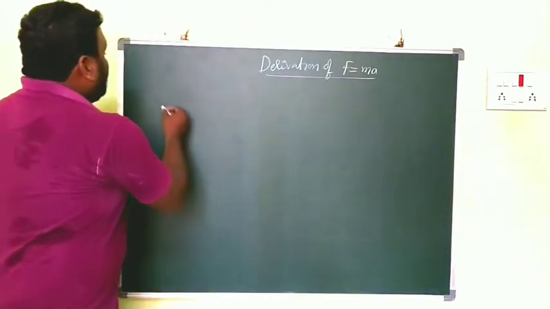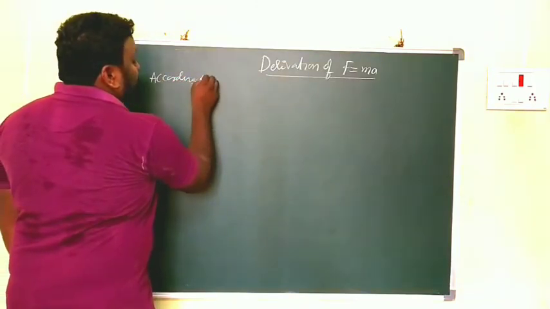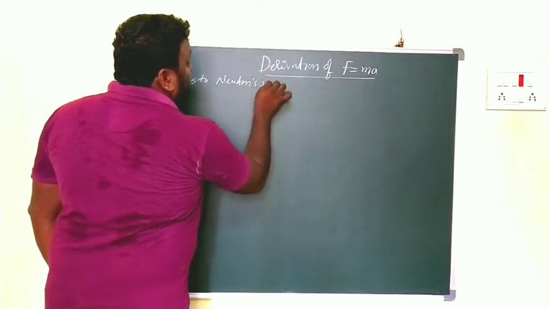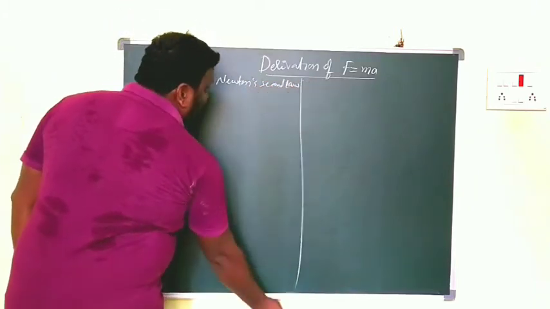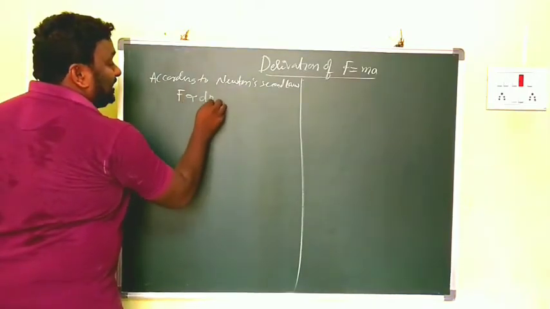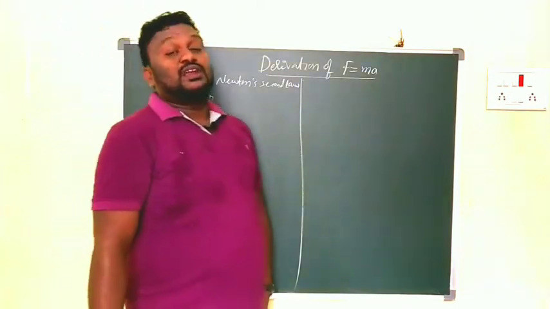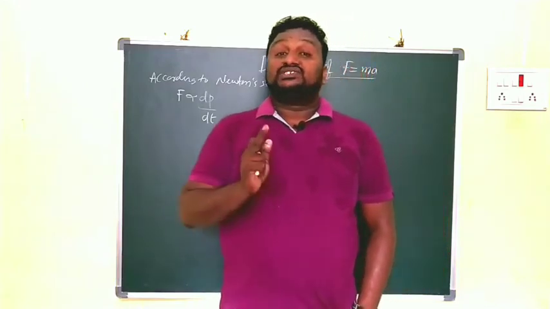Here we know that according to Newton's second law, we write F is proportional to dp by dt. Clear? F is the external force.